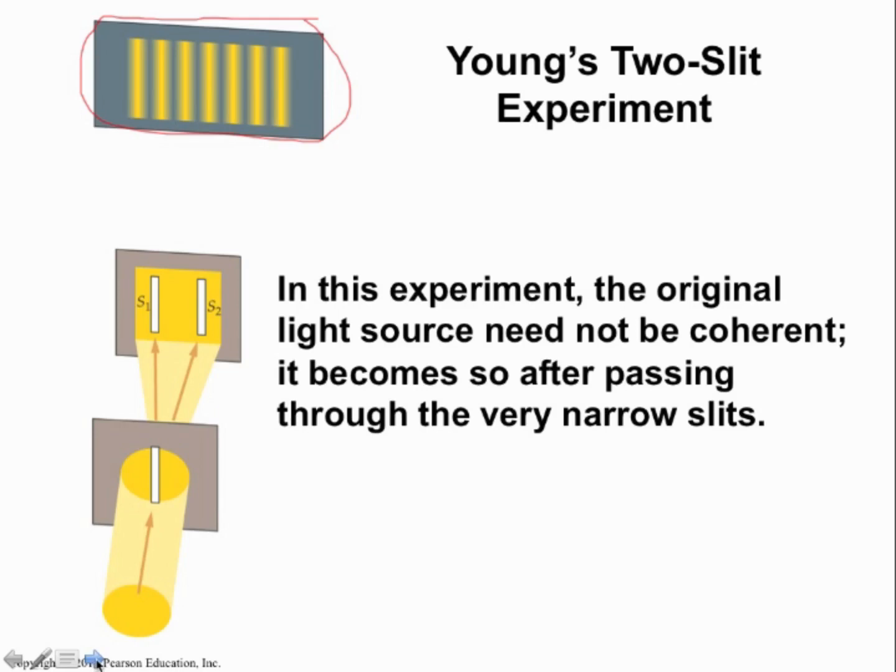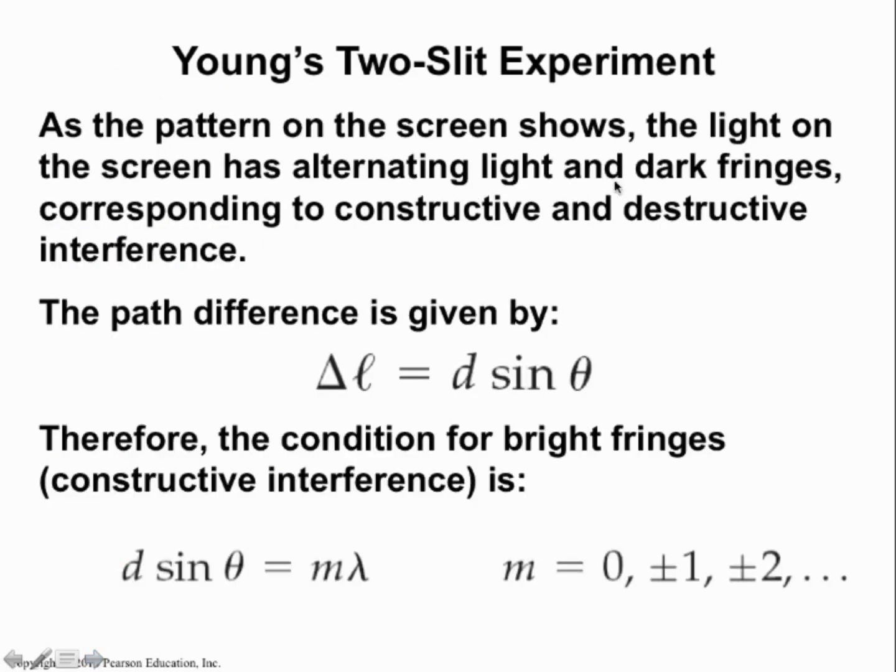We've got many. And so what's the math behind that? Well, the path difference between two paths of light that are going to the same spot is d sine theta. And the condition for bright fringes is d sine theta equals m lambda. Go ahead and copy those two equations down. And I'm going to tell you in just a second where the d sine theta comes from.